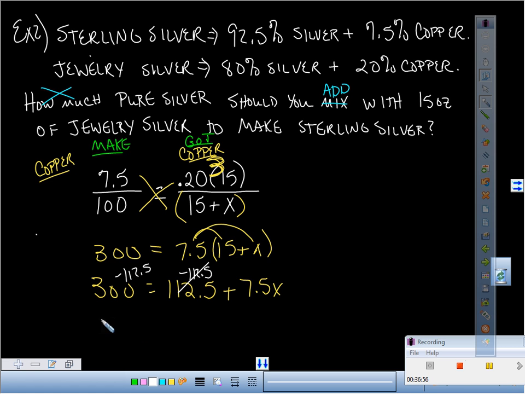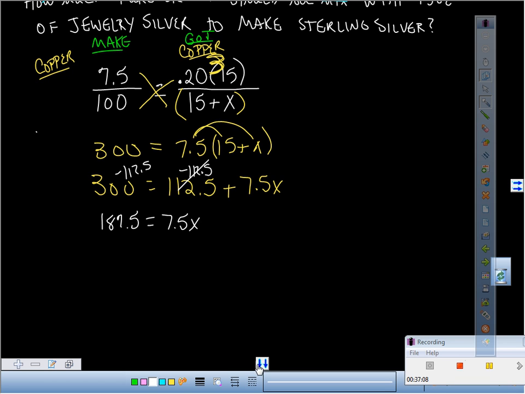This will give me 187.5 is equal to 7.5X. Now what am I going to do? And X is equal to how many ounces of pure silver did I have to add to my jewelry silver to make sterling silver? 25 ounces.